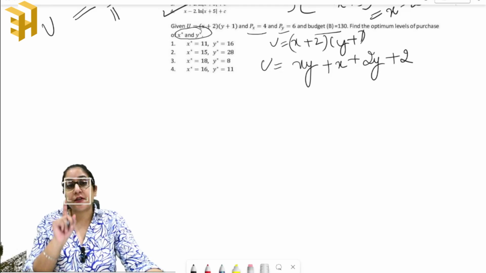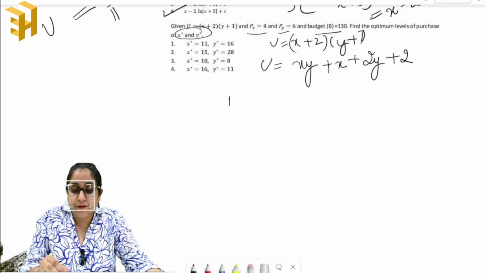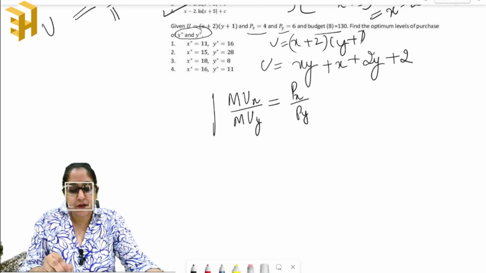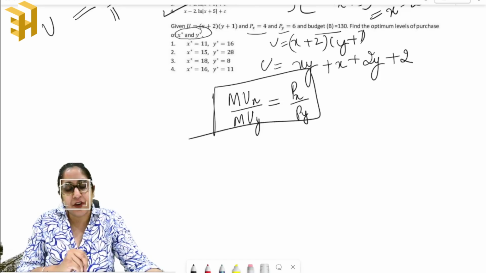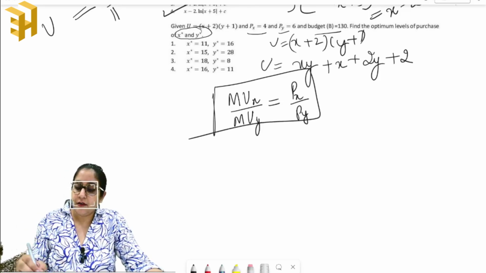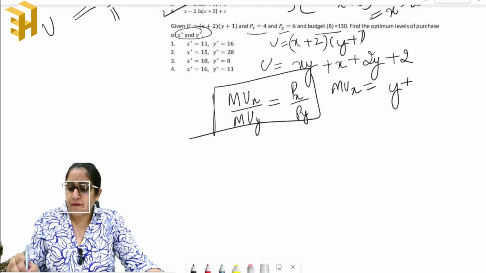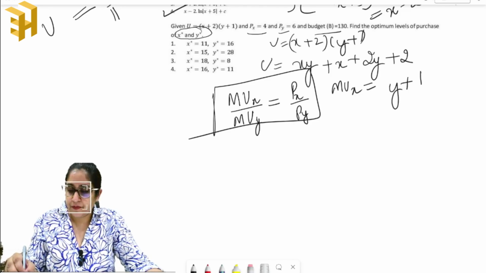Now we know that optimum levels are attained where marginal utility of x upon marginal utility of y is equal to px upon py, right? This is the equilibrium equation that we have. Okay, so let's find marginal utility of x first. So du by dx is y plus 1, right?